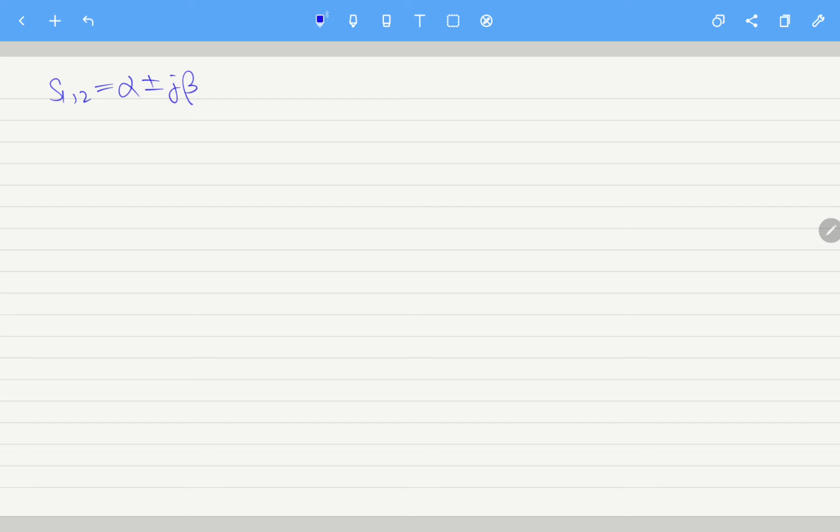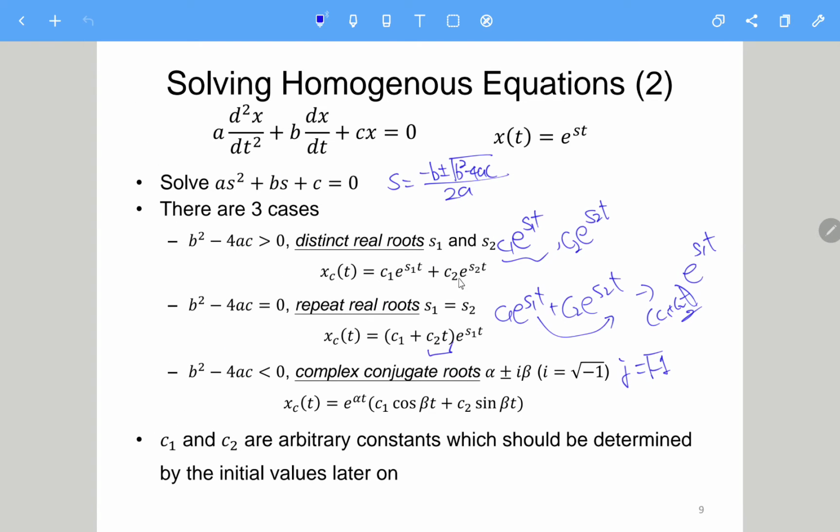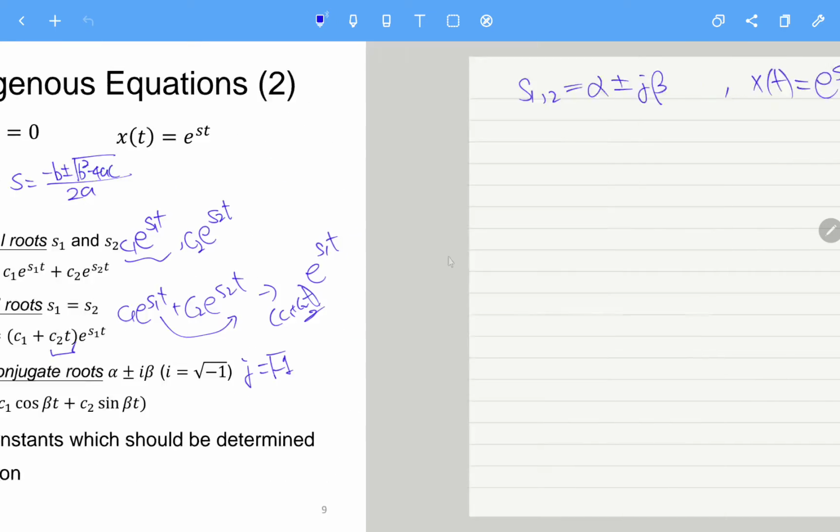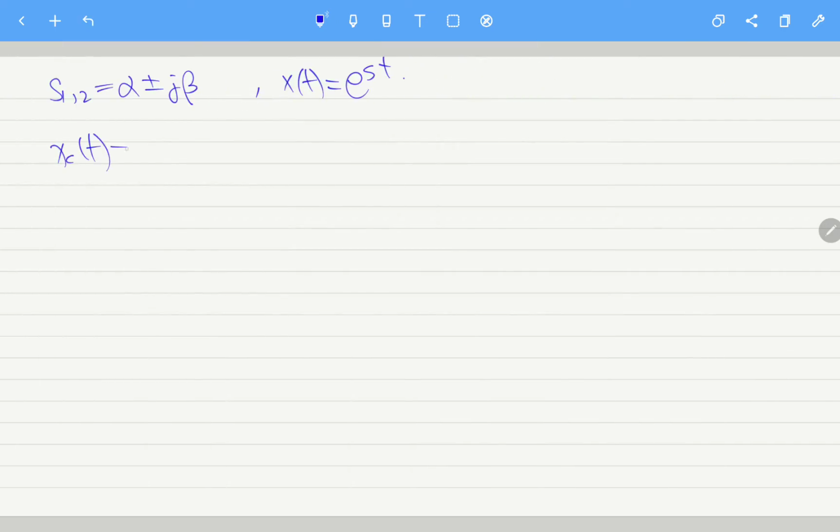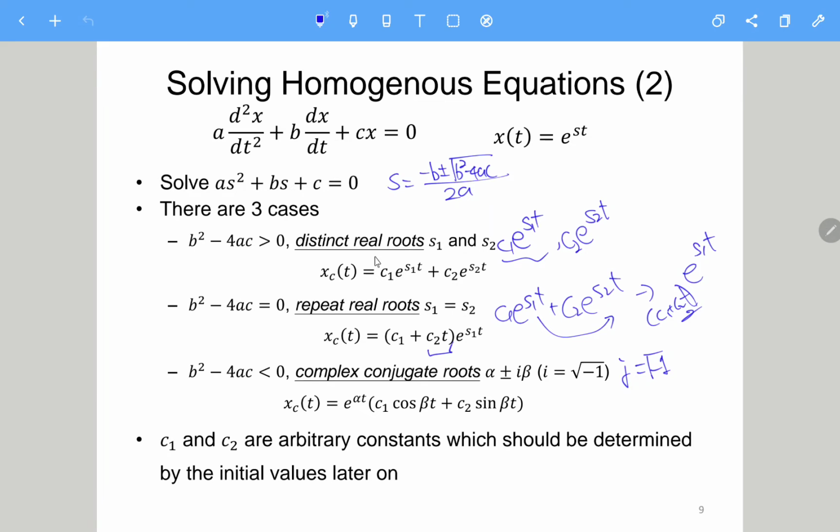This is the complex roots, and we know x of t to be exponential to st, which means that if I just follow the logic here, we should write xc of t to be c1 exponential to alpha plus j beta, all multiplied by t, plus c2 exponential to alpha minus j beta t, something like this.